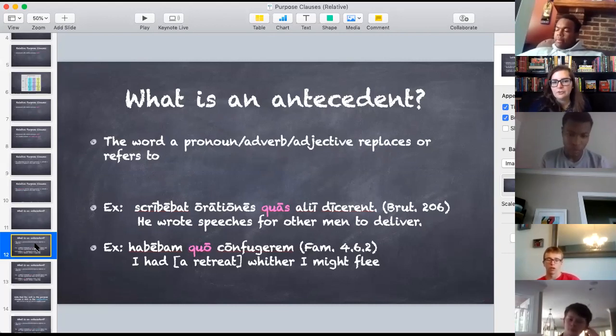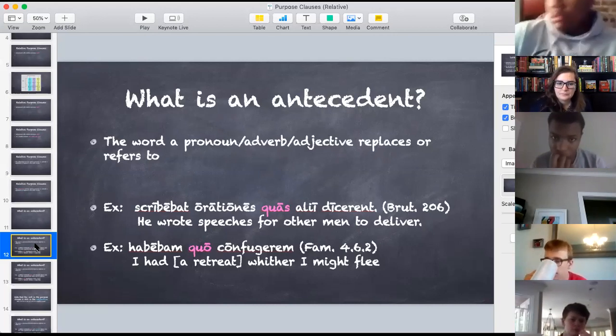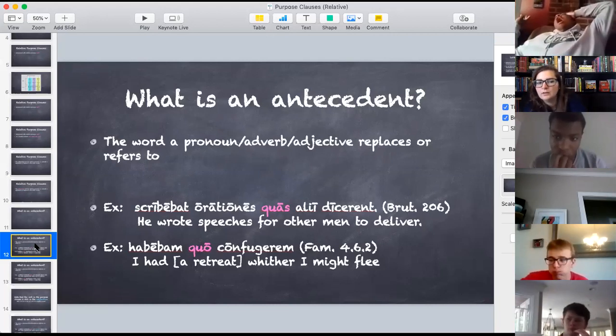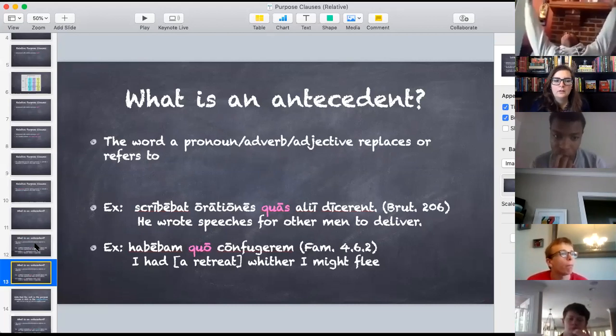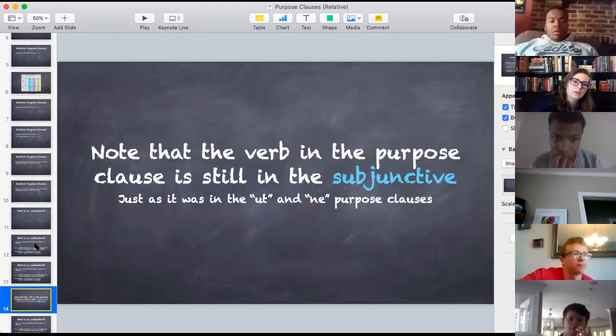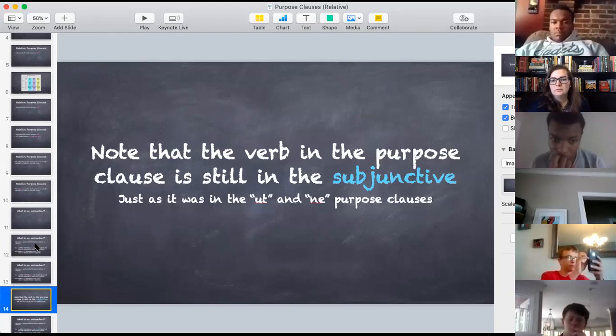So he had referred to the retreat earlier in a previous sentence, and you just had to keep up as the reader. Note that the verb in the purpose clause is still in the subjunctive, which is why we're learning about it now, just as it was in the ut and ne purpose clauses.